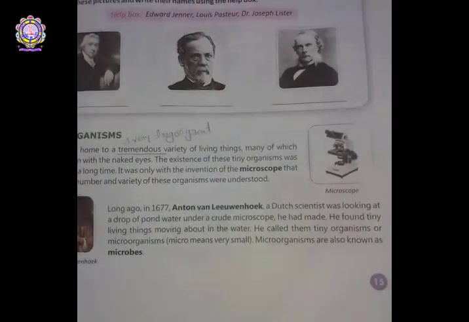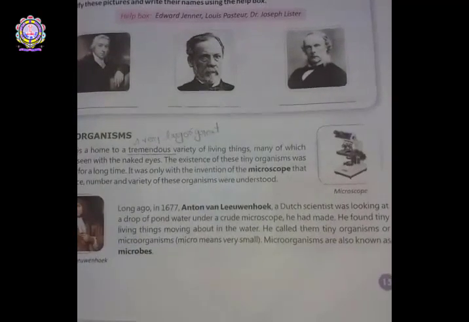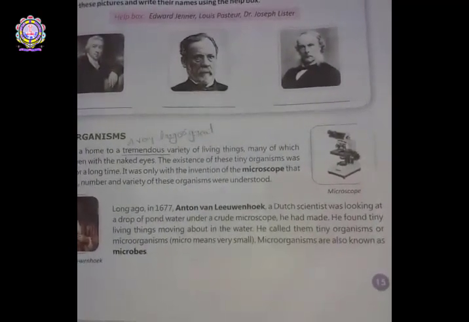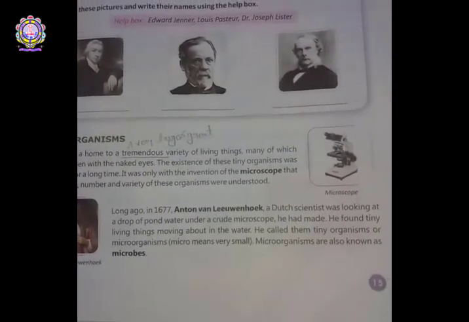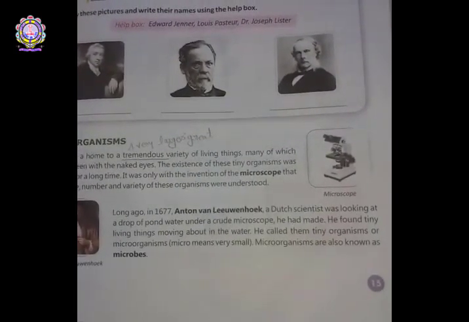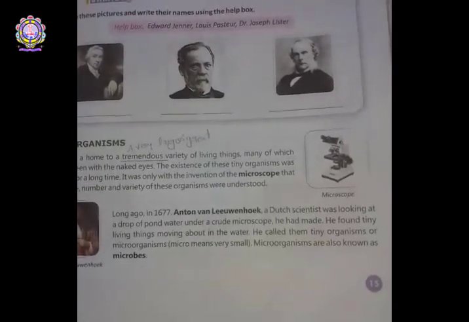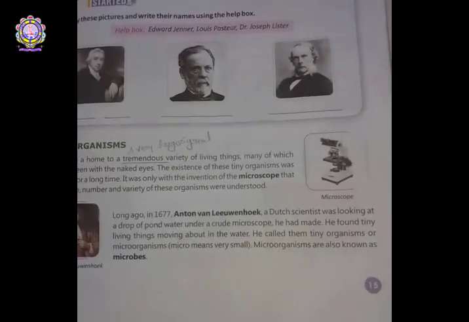In 1677, Antony von Leeuwenhoek, a Dutch scientist, was looking at a drop of pond water under a crude microscope he had made himself. He found tiny living things moving about in the water.